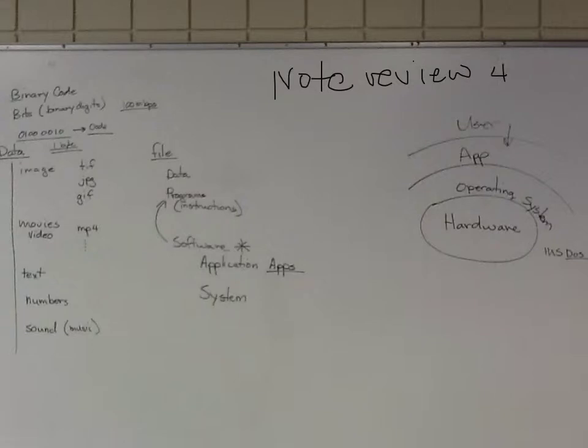A number of things here are things that we already talked about. We talked about binary code already. We talked about this code, and then we have these extensions that represent particular types of files, like image files, movies, and so forth. We've got numbers and different things here.